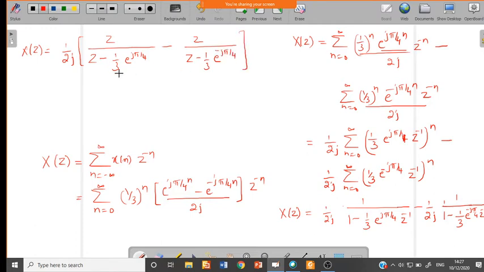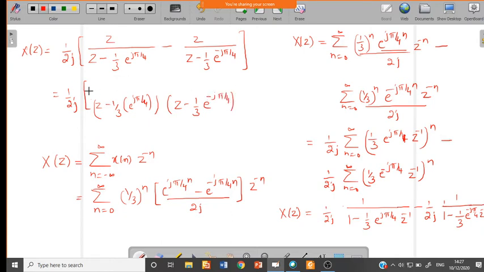Okay, so now we can take this common factor again and multiply these two: one factor z minus (1/3) e^(jπ/4), and another factor z minus (1/3) e^(-jπ/4).